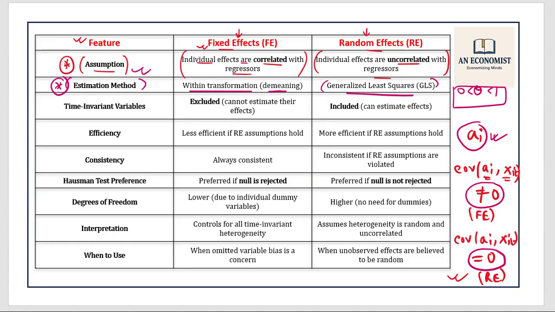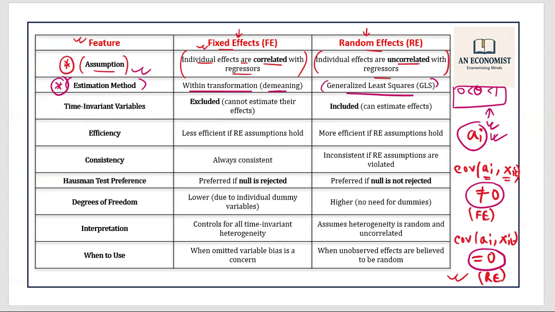So again, in random effect, we first generate the composite error term containing the unobserved heterogeneity, and then we transform the model on the basis of an appropriate fraction that we define based on the features of the model. Then on that transformed random effect model, you apply generalized least squares, which helps you find consistent estimates.